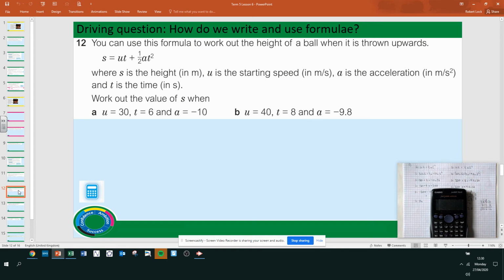So bracket 40 times 8, bracket, plus, bracket 0.5, which is a half, times minus 9.8 times 8 squared, bracket. Press the key. The answer comes to 32 over 5. Remember, use the S-D key to switch it, and the answer comes out as 6.4, which is 6.4 meters.